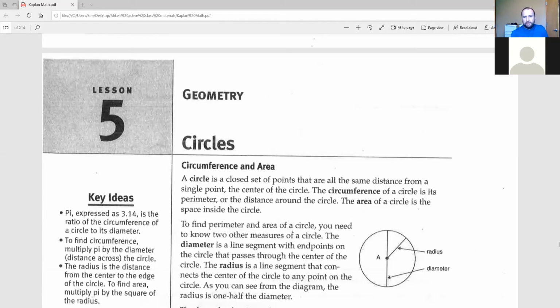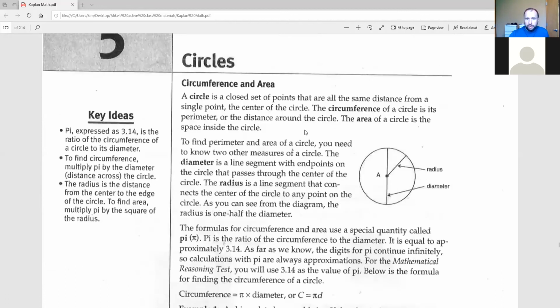People get scared off by them because we have to talk about pi and we have to know what pi is, but it's not as big and scary as it sounds. So circles, just like with any shape, when we're talking about circumference and area, we're talking about the same things as when we talk about perimeter and area.